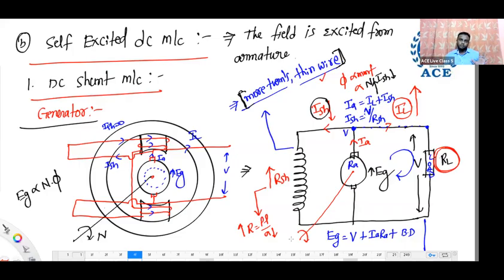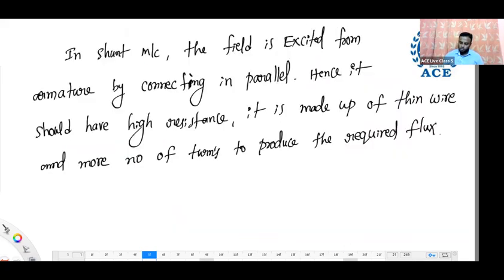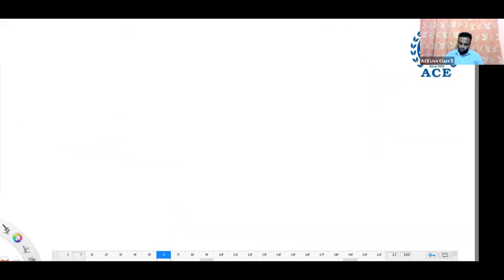Okay, so remember these equations. It is for the generator. Now, if it is a motor, IL will reverse, IA will reverse. Then write the equation for the motor.